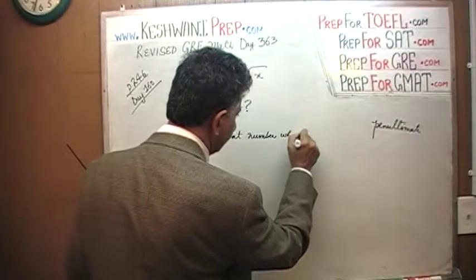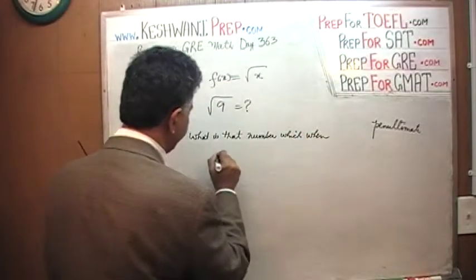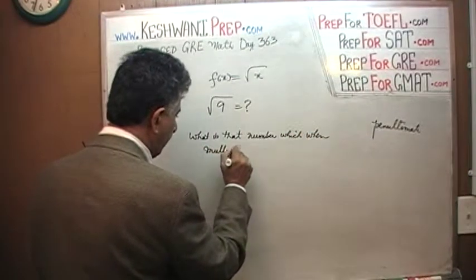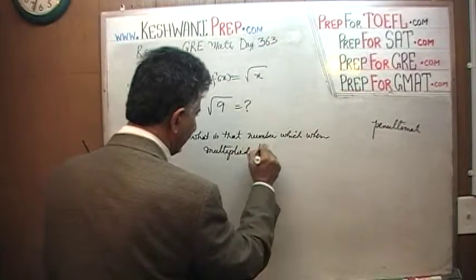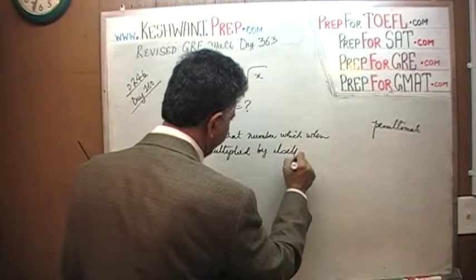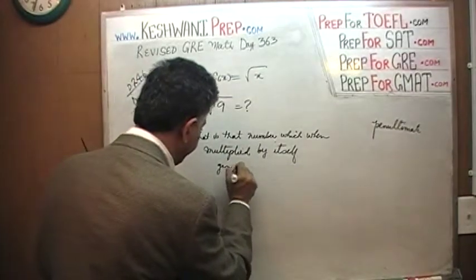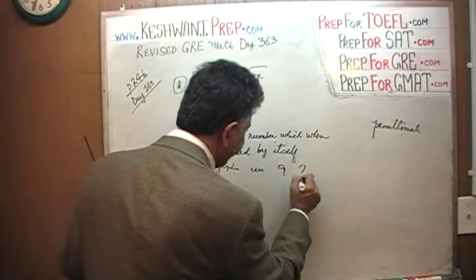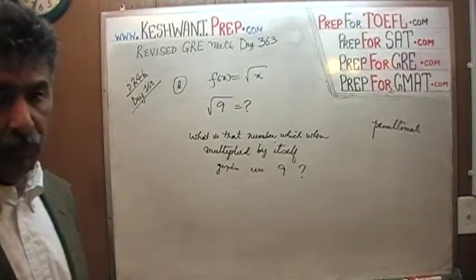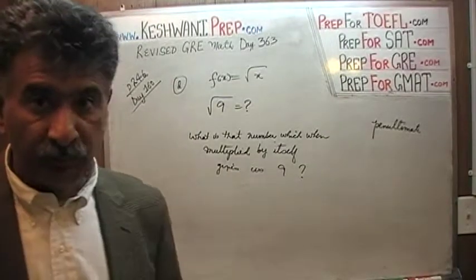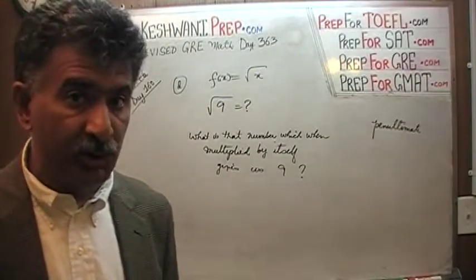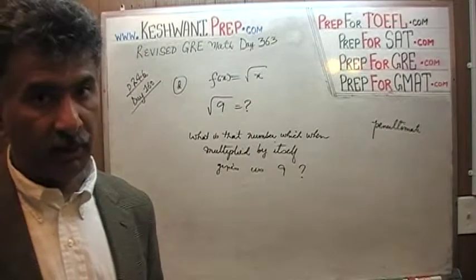which, when multiplied by itself, gives us 9. And of course we know that the answer to this question is not actually an answer. There are actually two correct answers to this question.